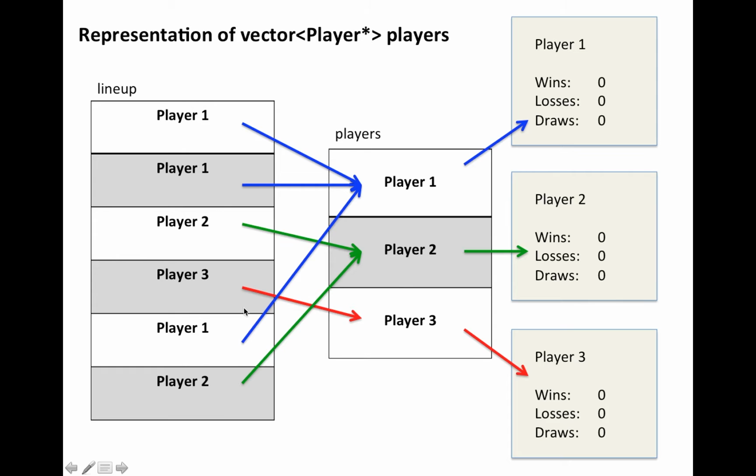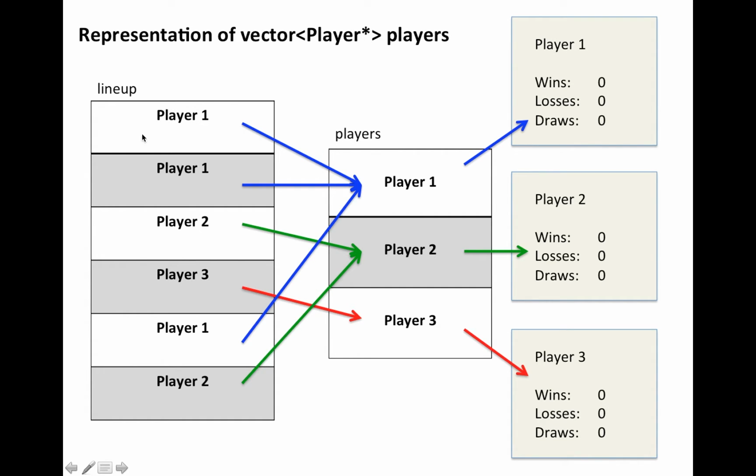Player 2, green, player 3, red. And these weren't added in any particular order for any reason, but let's just say player 1 and player 2 are at the top of the queue. Okay? And then player 2, player 3, player 1, player 2. Notice that because I have 6 players in here, then we'll have at least 3 matches that we can run.